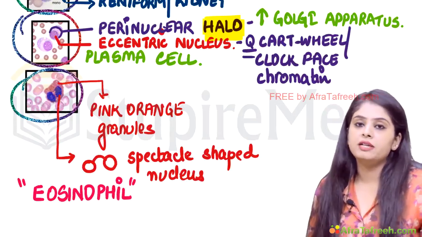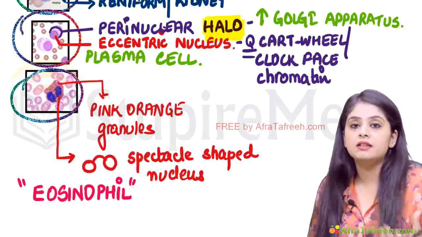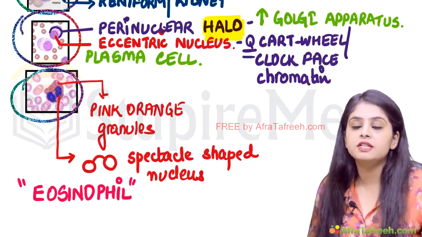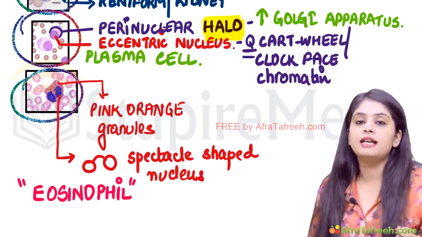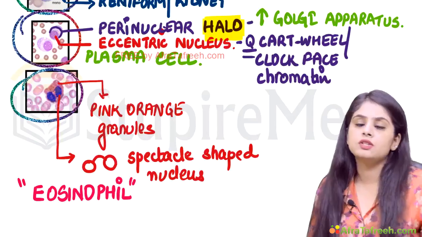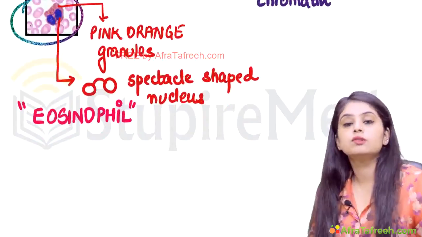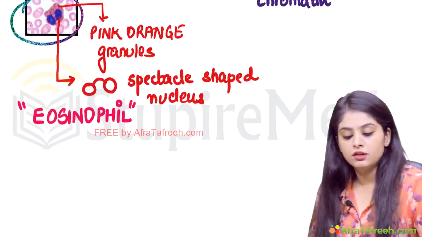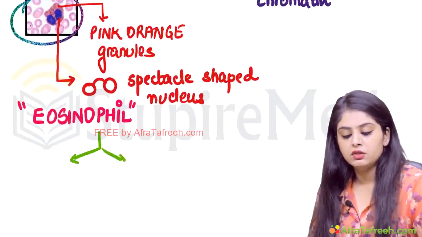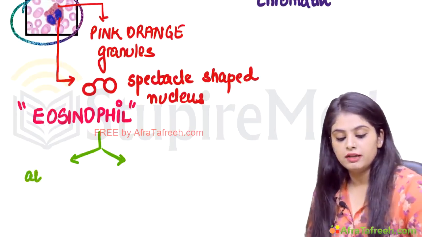Very important cell that we have, which we will be discussing in great detail when we go to chapters on allergies and hypersensitivity type 1. Eosinophil will have a major role to play over there. But at the outset, one question I want you to finish off over here. What are the conditions in which an eosinophil will increase? So please remember there are two very important conditions, and these include allergic conditions.